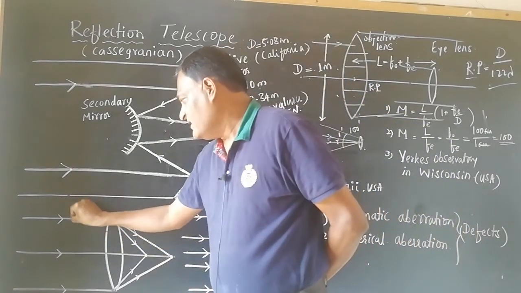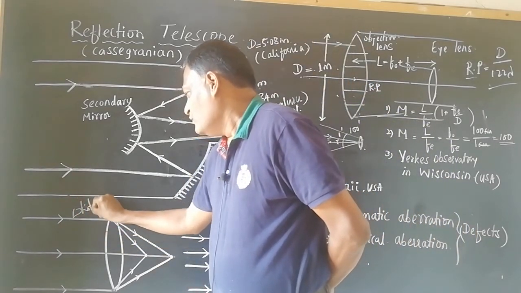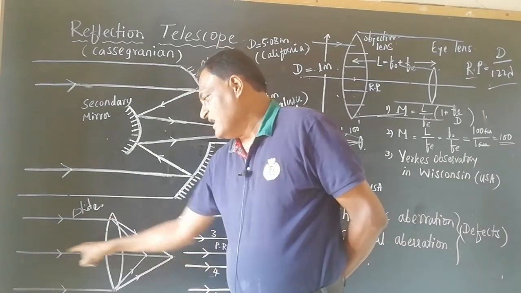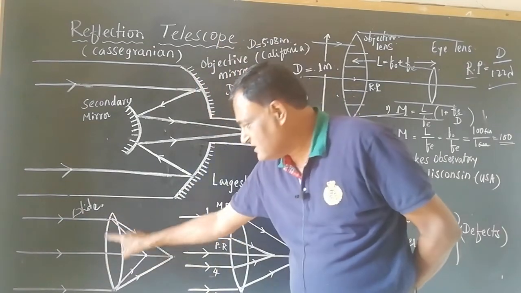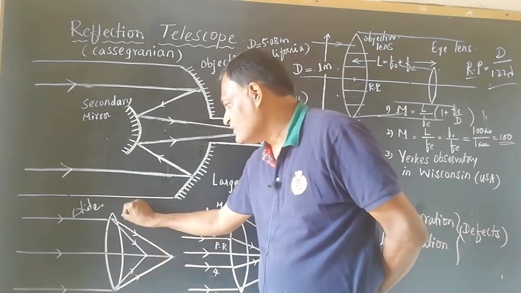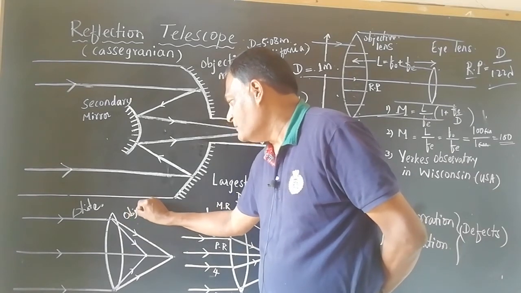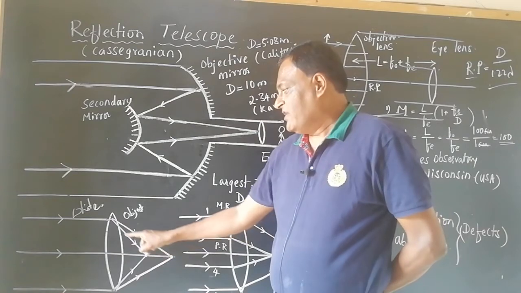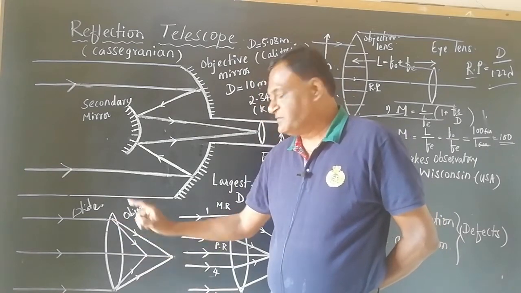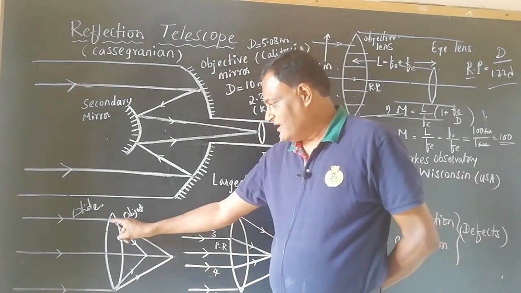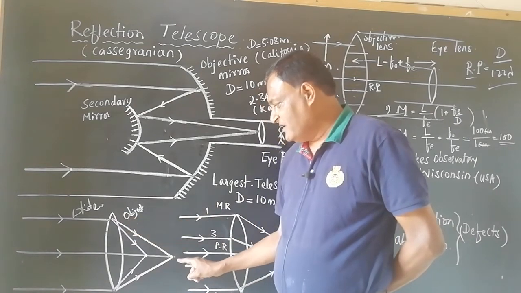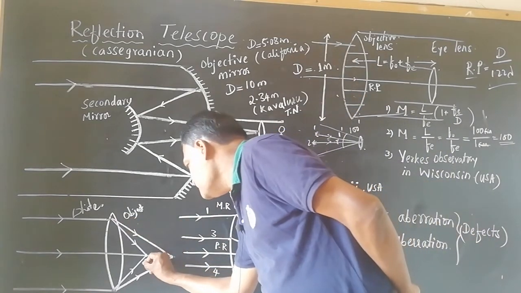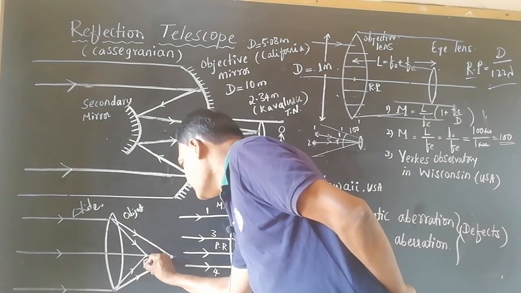Here white light coming from the star or the sun is incident on the objective lens of the telescope, and dispersion of light takes place. Violet bends most, red bends least. This is the principal focus for the violet color.